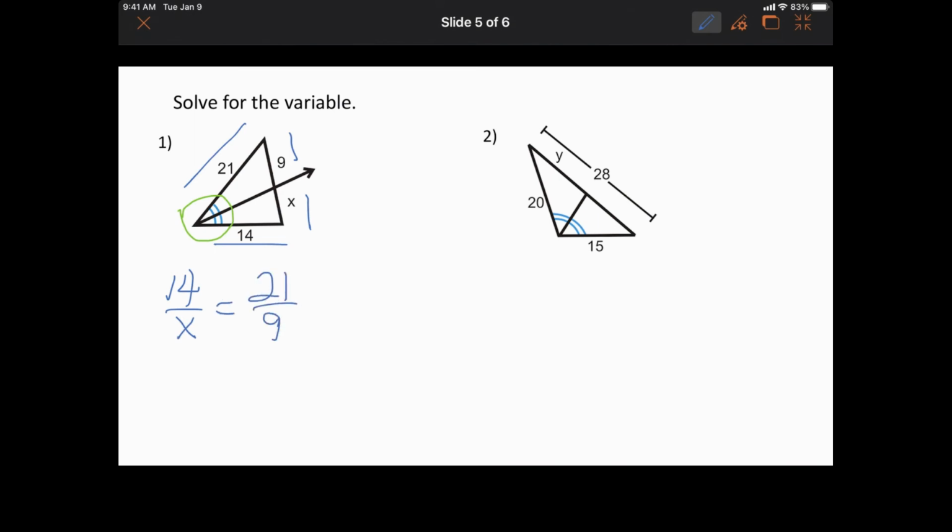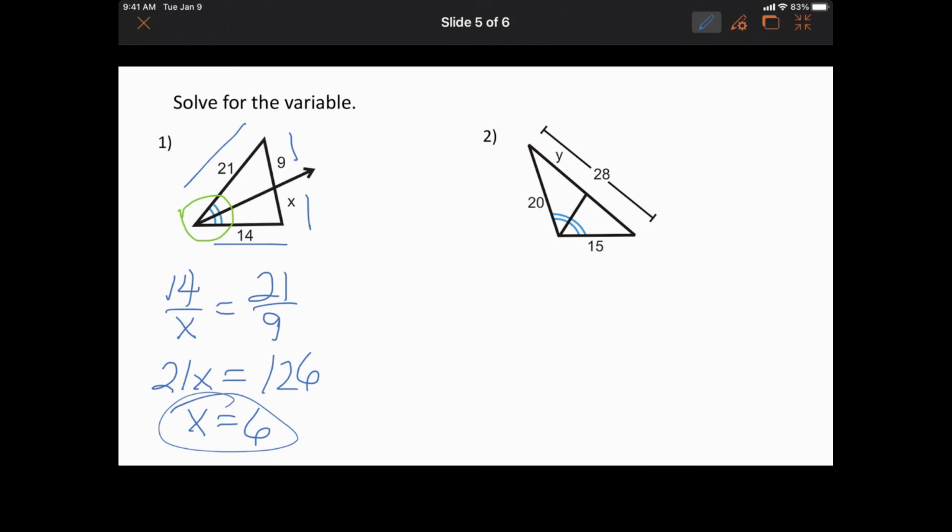Now remember, we could probably write it different ways as long as the diagonals are across each other. So x equals 6. Now there are no units that they give me, so I'm just going to leave it like that.